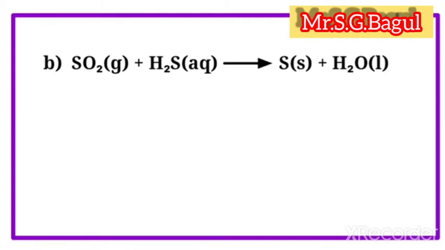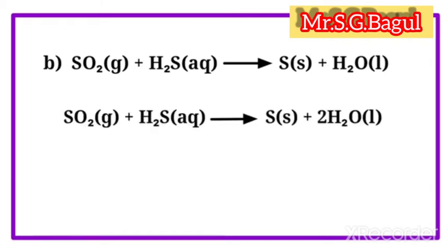There are three compounds which have same number of atoms. Therefore, any one of them can be selected. Select SO2 and balance O atom. Now we will apply a factor 2 to the product H2O. So we will get this equation.